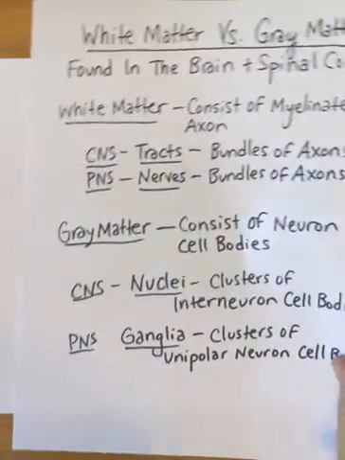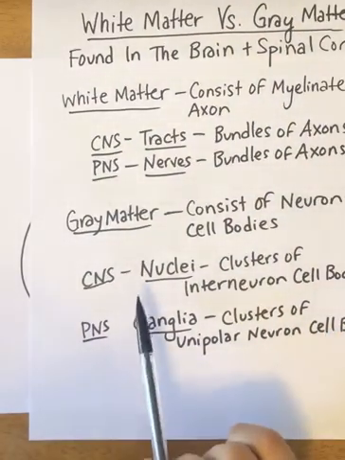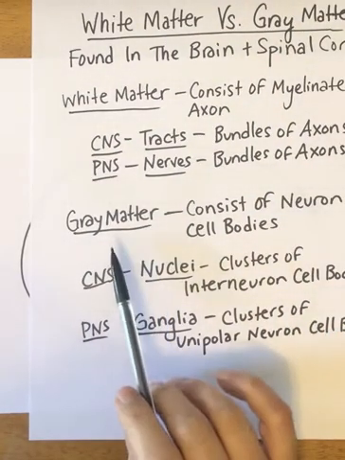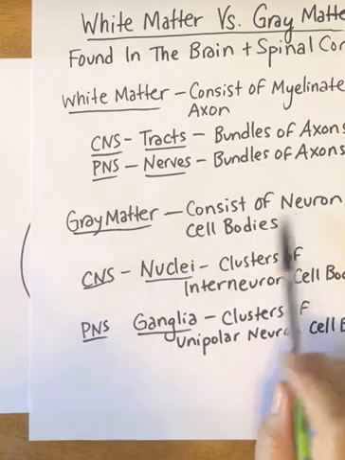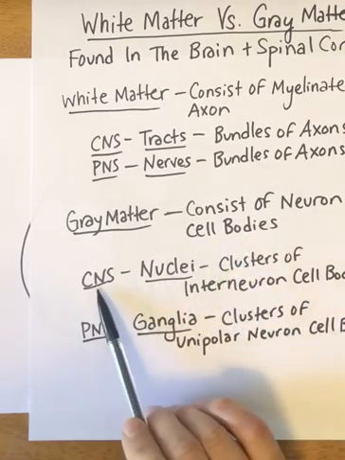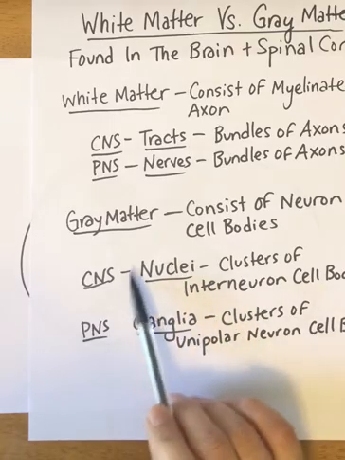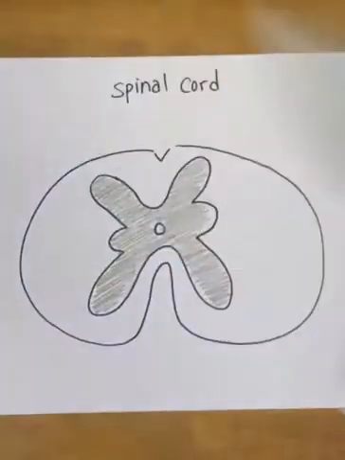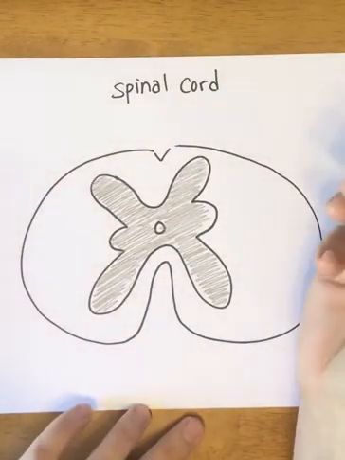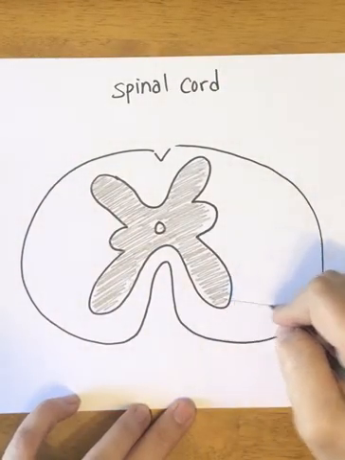Gray matter is found in the spinal cord as well as in the brain. So gray matter is neuron cell bodies. So in the CNS, the nuclei of interneurons are going to be found within this gray matter. So when talking about the spinal cord, we could call this the gray matter. I'm just going to draw it out right here.